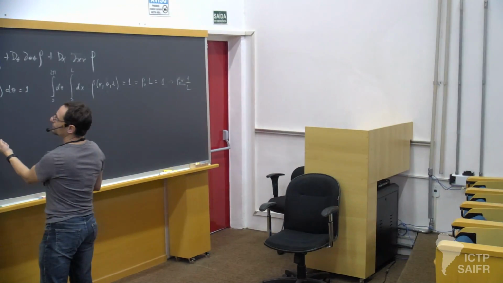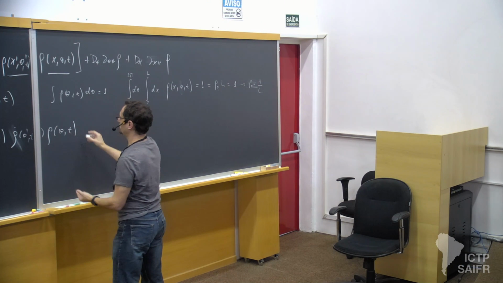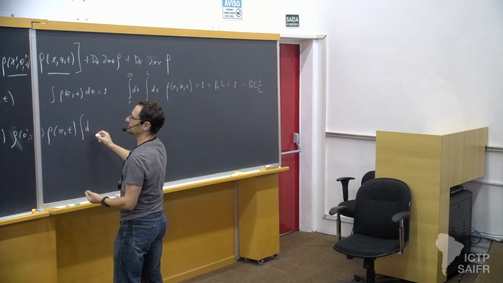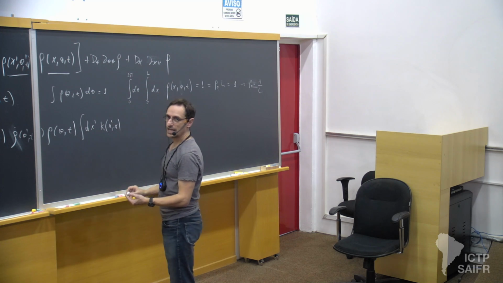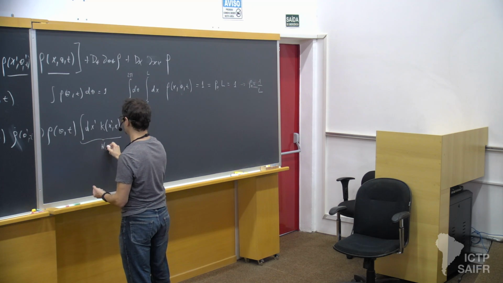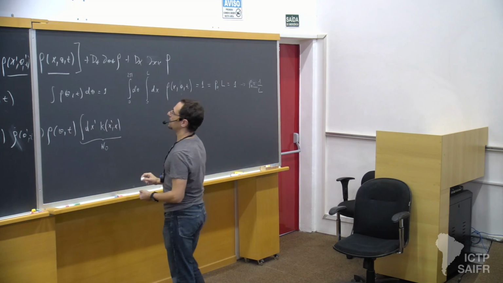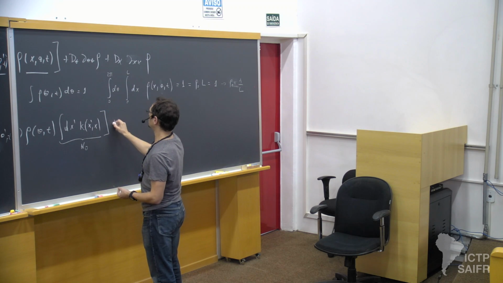We have this term, and there is the part related to the integral that I'm putting. And this one, I'm going to say that this thing is a naught. And then what else do we have? We have this term here.